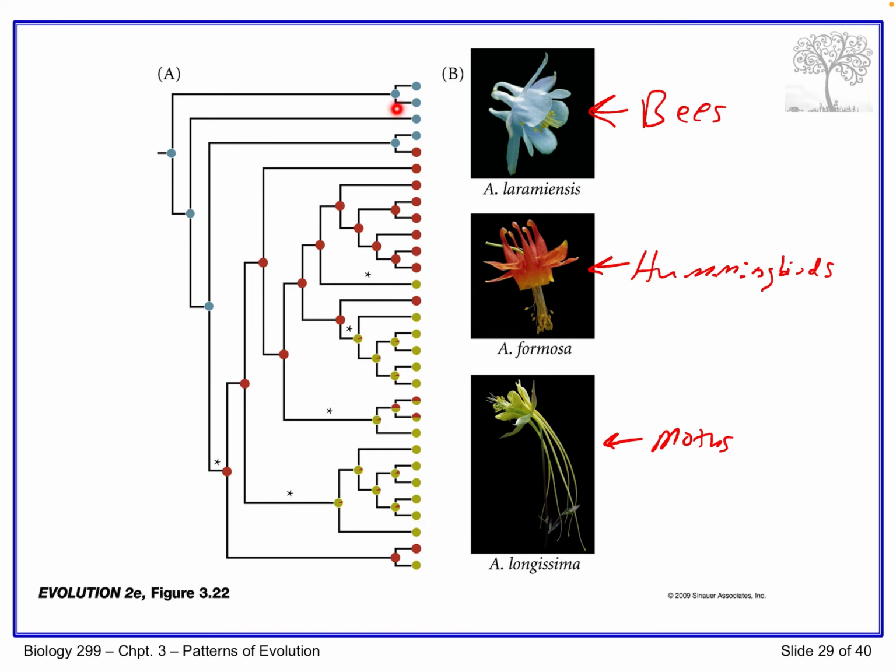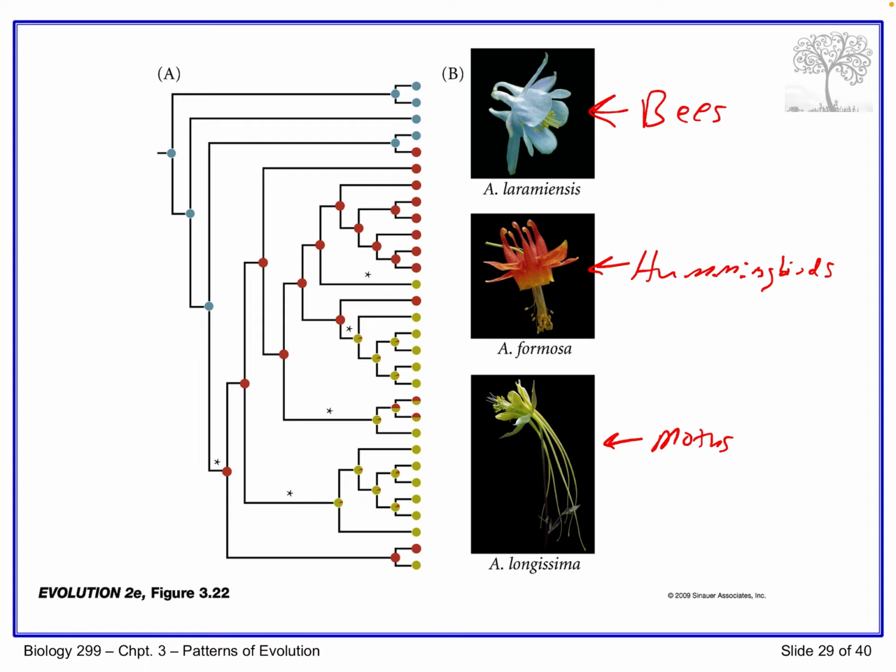So you look back at the phylogeny here, and we see that bee pollination was the ancestral condition, okay? And then eventually we have the development of hummingbird pollination. We can see that trend moving this way through these descendant species. And then right here we have the development of moth pollination. It turns out it happened once here, a second time here, and a third time there.